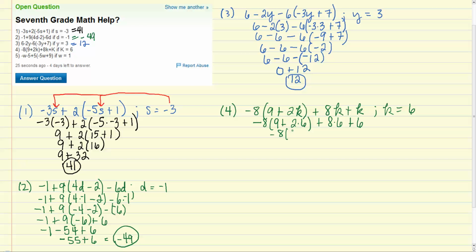Negative 8 times 9 plus 12 plus 48 plus 6. 9 plus 12 is 21. Negative 8 times 21 is negative 168 plus 48 plus 6. Negative 168 plus 48 is negative 120, plus 6 gives us negative 114.